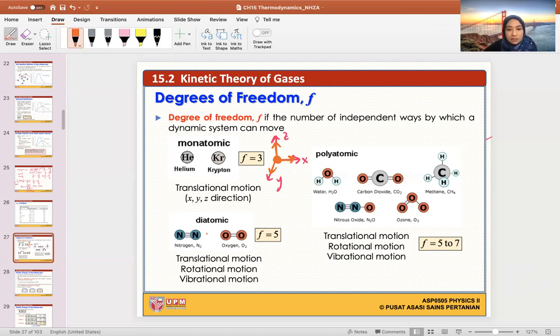However, when you have diatomic, such as nitrogen and oxygen, where 2 atoms make a molecule, the degrees of freedom is not just translational, it's not just XYZ, it can also be rotational. Rotational, to rotate like that, and vibrational. Vibrate is like dancing on the spot.